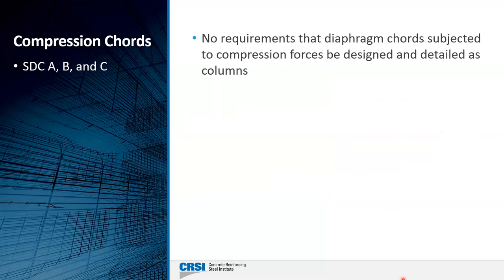Now, let's talk about compression just a little bit. As I mentioned earlier, generally speaking, compression forces are going to be transferred into the concrete, and they're not going to cause any issues. For seismic design categories A through C, there are no requirements in ACI 318 to design these as if they were columns. So no special design or detailing requirements for those three seismic design categories.